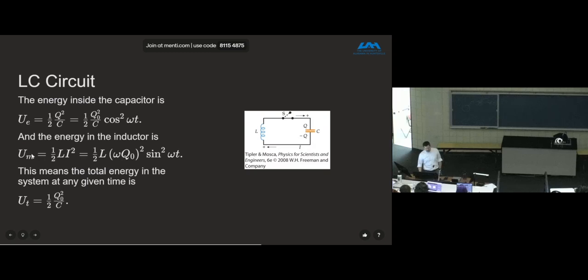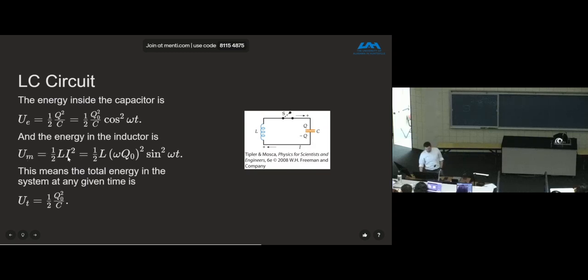And the energy stored in the inductor, we called that the stored magnetic energy. The stored magnetic energy is equal to 1/2 Li squared, as we determined back at the tail end of last unit.